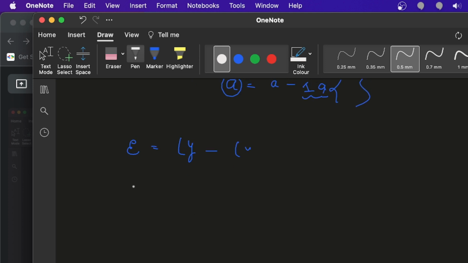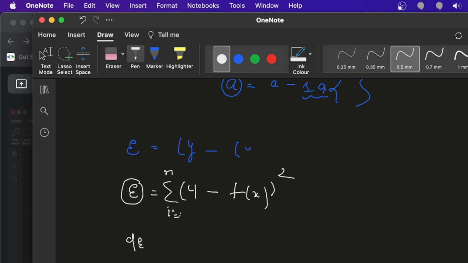This is your equation, and you know this is a summation from i equals 0 to the number of data points. So this should be the minimum, so you are going to differentiate it. First let me complete this.